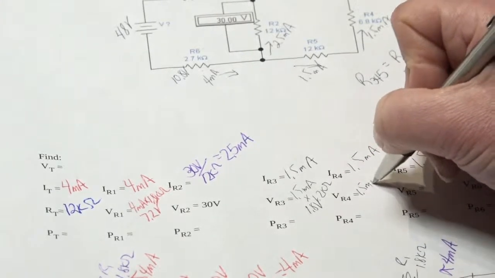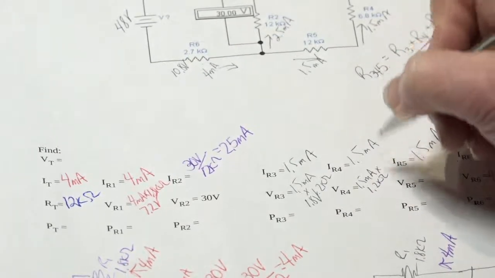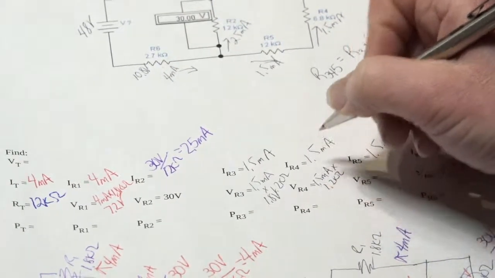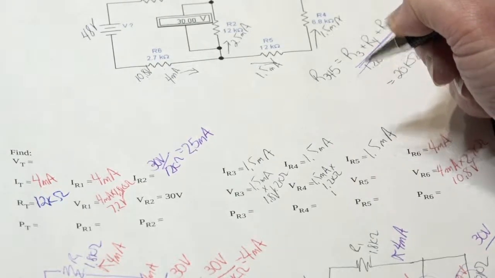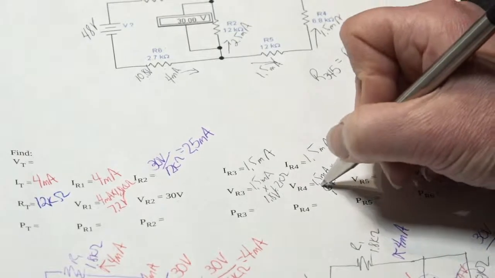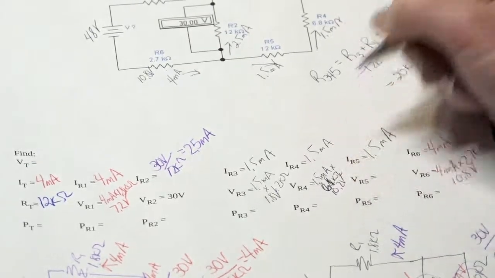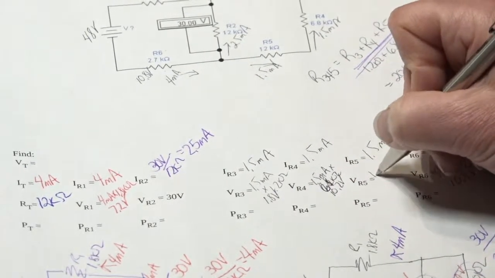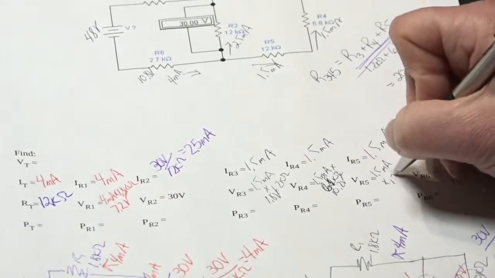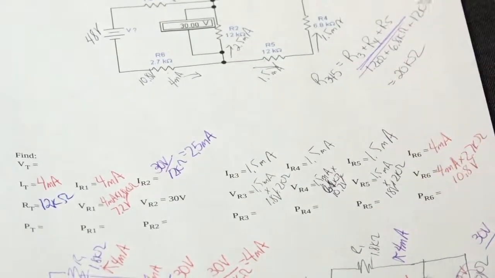And 1.5 milliamps times, I used the wrong value of resistance there, 6.8 k ohms, which gives us 10.2 volts. And last but not least, the 1.5 milliamps times 12 k ohms, which gives us 18 volts.